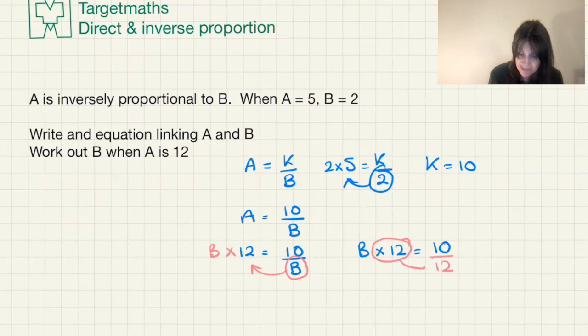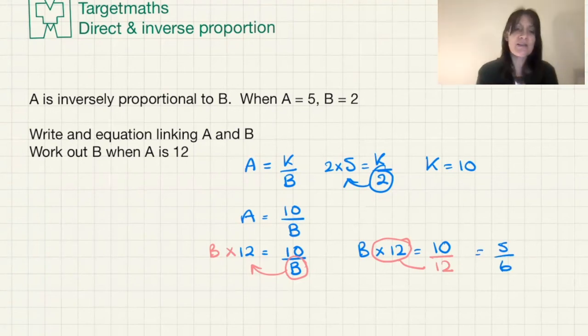So really what's happened is they've just switched places, haven't they? So B is equal to 10 divided by 12. You could cancel that down if you wanted to, which is 5 over 6. You could show the decimal if you wanted to. If you're asked to work it out and you've got a fraction answer, just write the fraction answer on the page. It's the right answer. So it's just written in a fraction form rather than a decimal form.